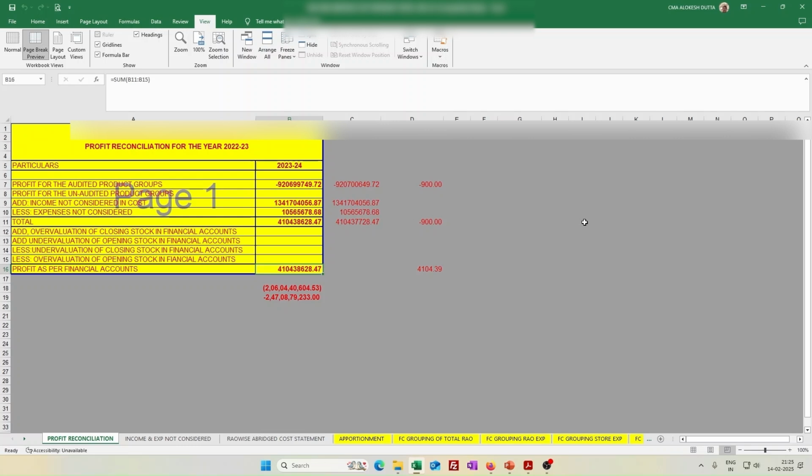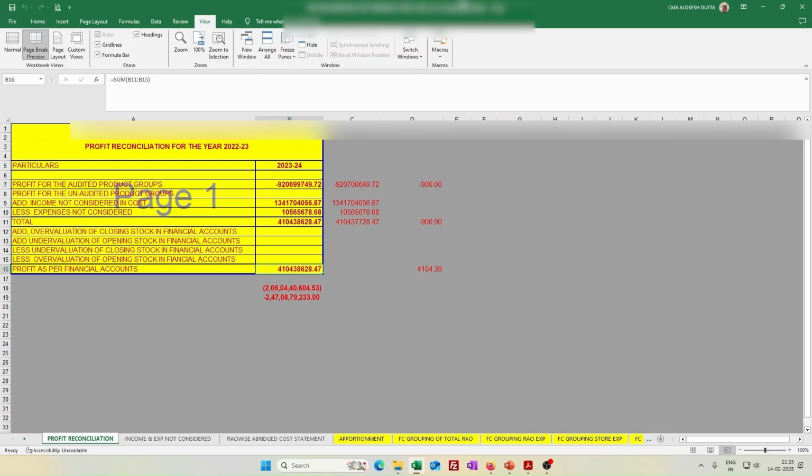Only this constitutes your cost records, meaning the annexure. Other annexures to be prepared are D2 and B2 or C2. In this case, C2.